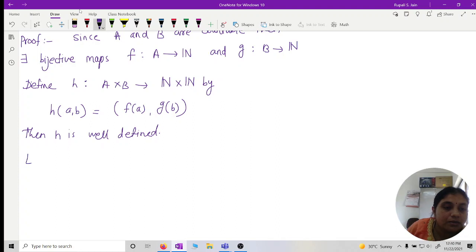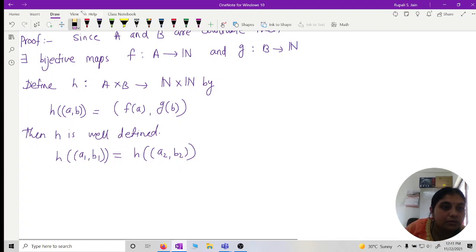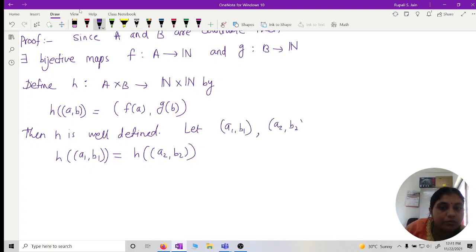Now I want to show it is one-one. Let (a1, b1) and (a2, b2) belong to A cross B, and these will be ordered pairs. Consider H of (a1, b1) equal to H of (a2, b2).